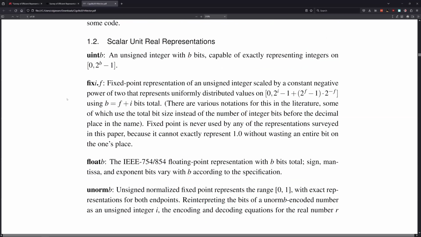Oof. Okay, uint b: unsigned integer with b bits on the range 0 to 2 to the b minus 1. Fix i: fixed point representation of an unsigned integer scaled by a constant negative power of 2, which represents uniformly distributed values on this range.